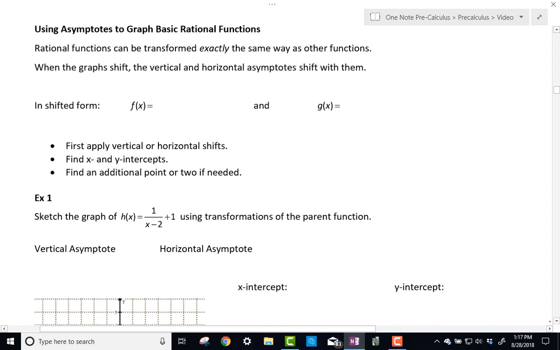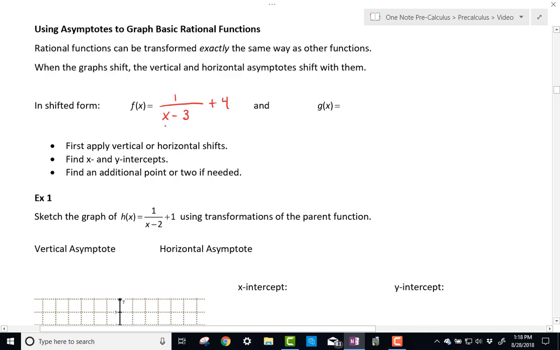All right? So rational functions can be transformed exactly the same way as other functions. It just depends on how good you are with those functions. When the graphs shift, the vertical and horizontal asymptotes shift with them. Okay? So an example of something in shifted form might be f of x equals, and I'm just going to use 1 over x minus 3, plus 4.